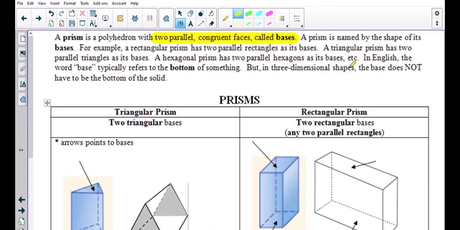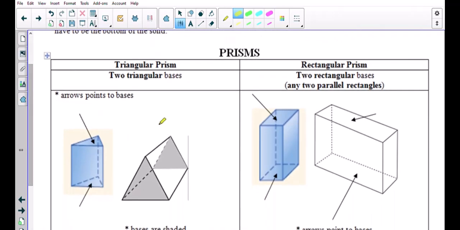I do want to mention that in English, the word base typically refers to the bottom of something. Like if you talk about the base of a lamp, for example, that's the bottom. That's what it sits on. When you look down below at the very bottom of this first page, this is a triangular prism right here that I have my highlighter on. Just put a yellow circle above it.